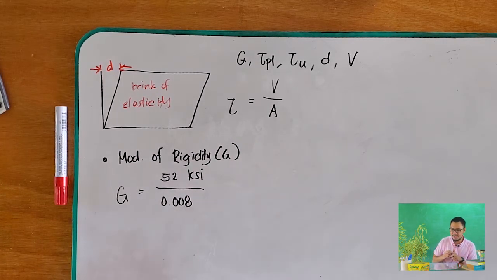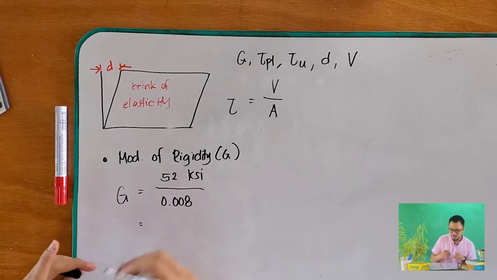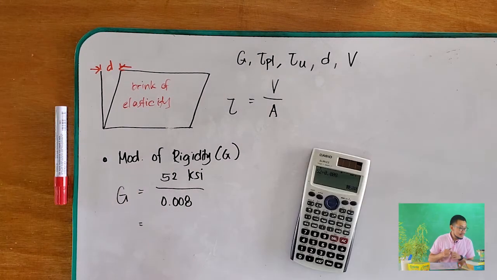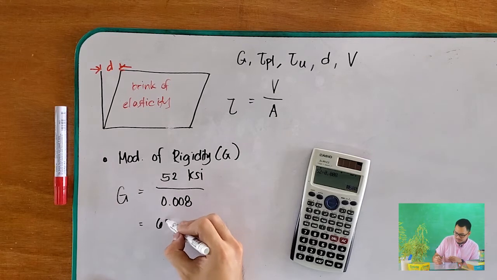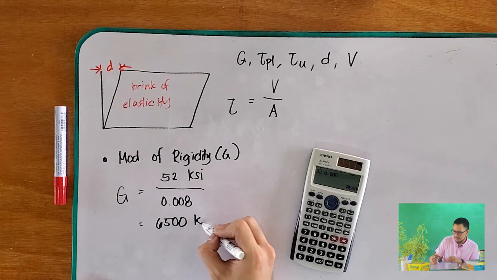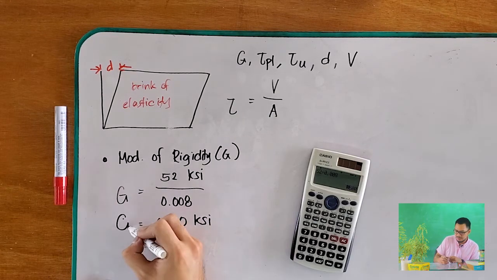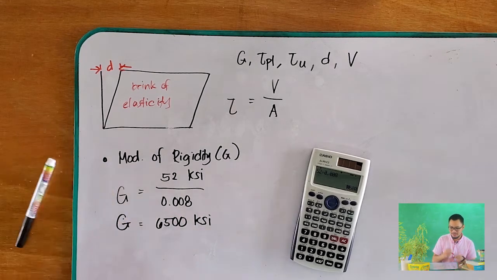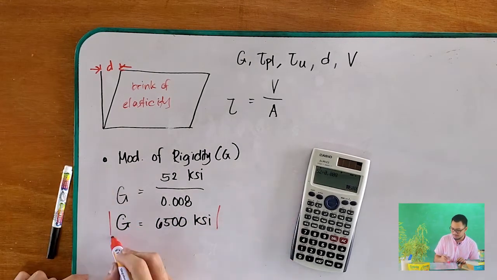This is radians. So your answer here is 6,500 KSI. This is your modulus of rigidity. Pagkasayo na ang taon. How about your proportional limit?